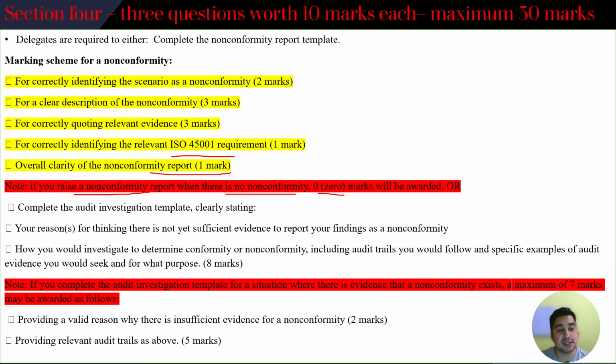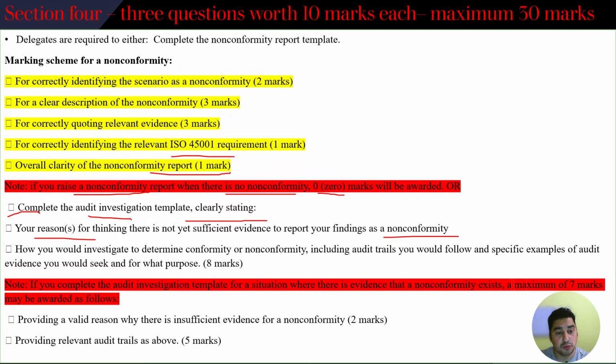If you say it is not a non-conformity, then you have to complete the audit investigation template, clearly stating your reason for thinking there is not sufficient evidence to report your findings as a non-conformity. So you will say why it is or is not a non-conformity, and you have to clearly state the evidence.